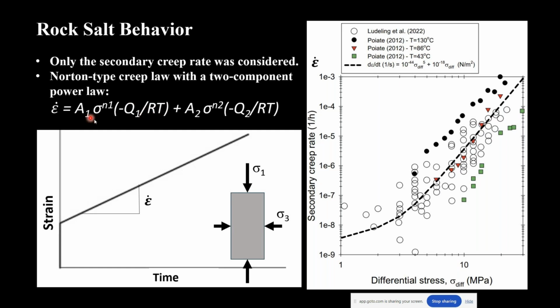So at the end of the day, we just have a power law, a constant times the differential stress raised to an exponent. And then we have two components, because one component has a stress exponent of 5 and the other is 1, because it represents the mechanism for small differential stresses, which is basically pressure solution, if I remember the name.